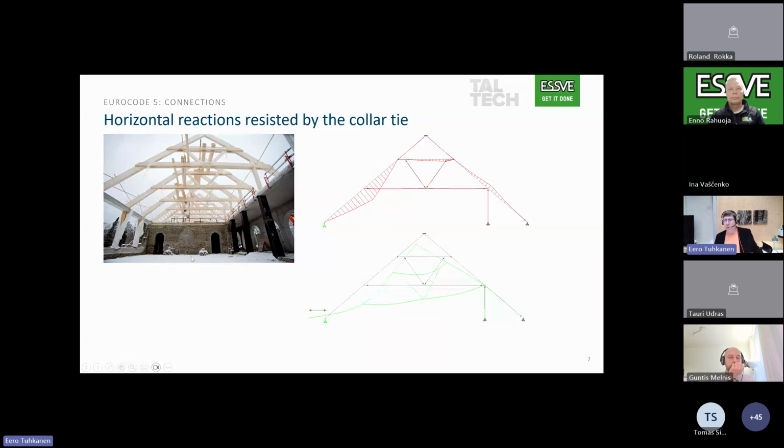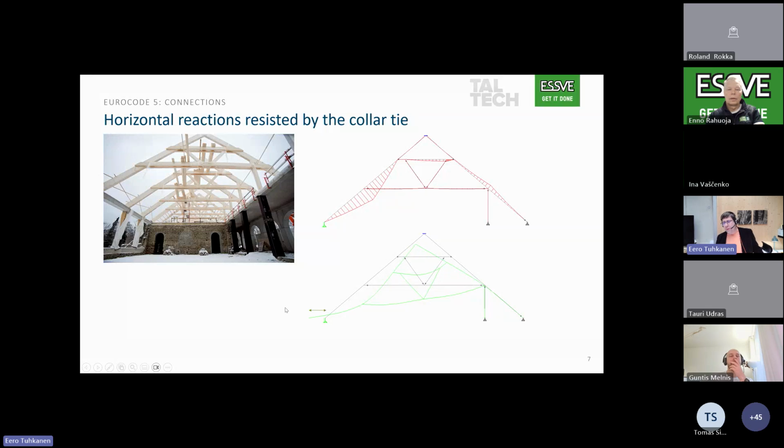Here is an upcoming sport hall where this roof with the rafters is supported on one side on a concrete beam, but this concrete beam cannot take too much horizontal force.